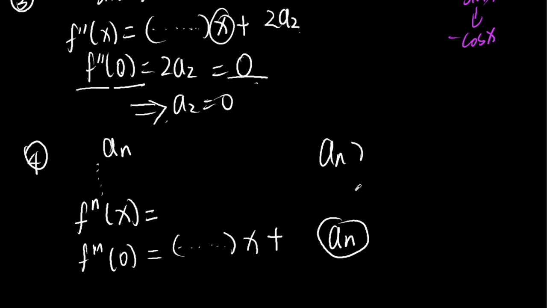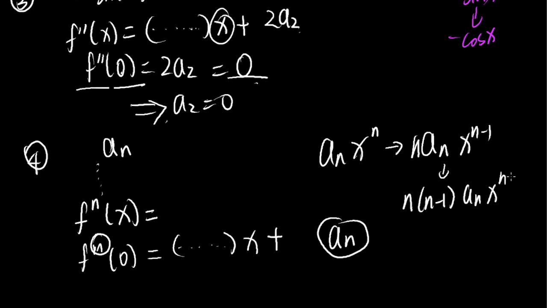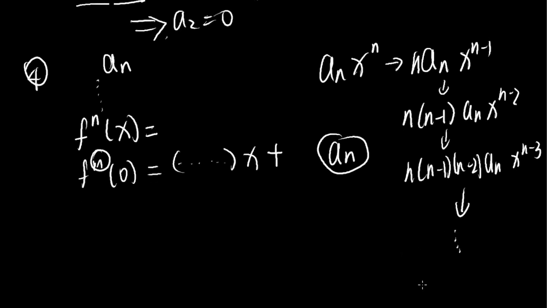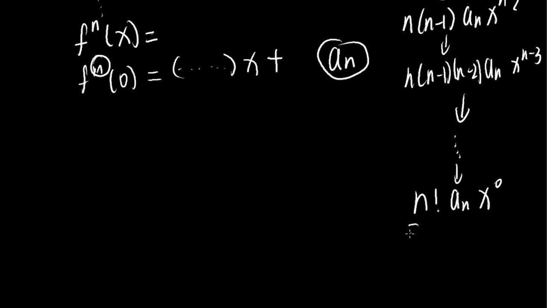After n derivatives, the first derivative makes it become this, the second time it becomes this, and the third time it becomes this. After n times, it should be n factorial times a_n times x to the power of 0, which is n! a_n.